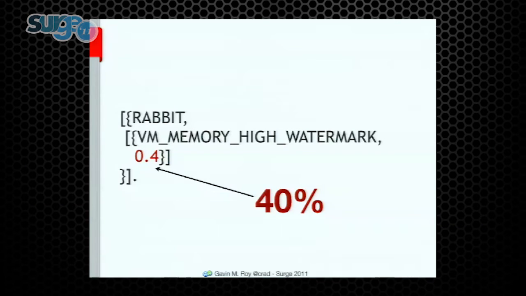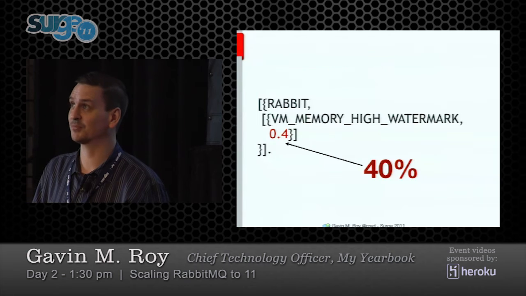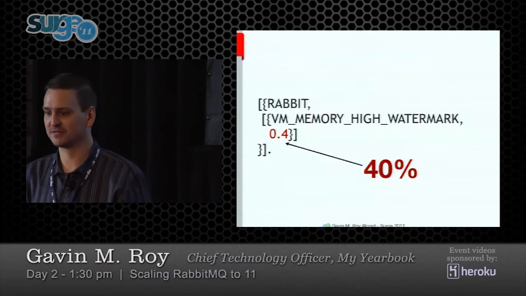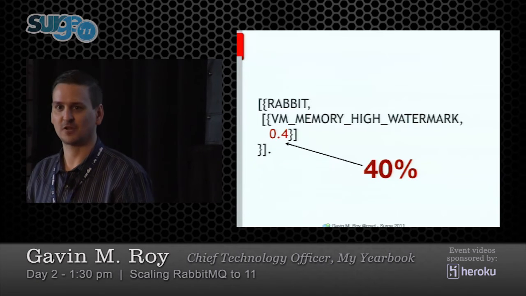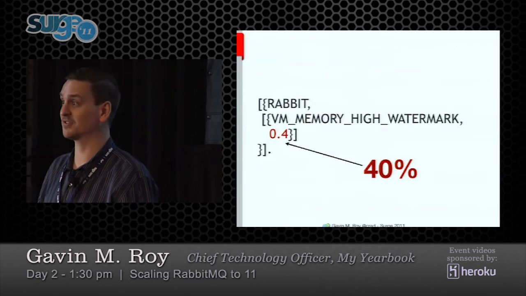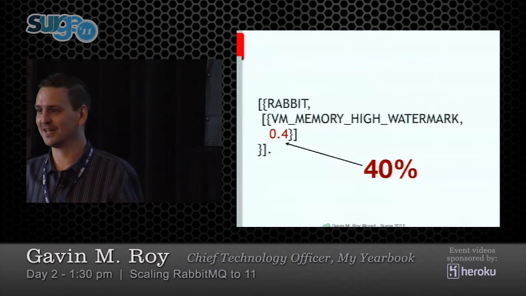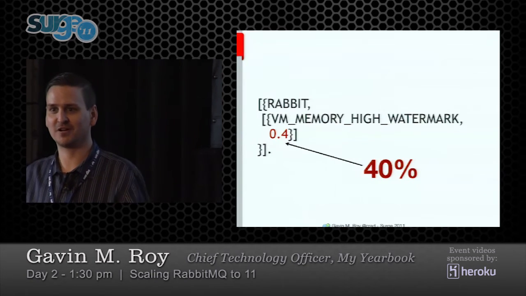This is a really ugly configuration format. If you're not an Erlang programmer, I should say, there are some concepts within Rabbit that don't make a lot of sense. Log files, for example. As a standard Unix guy, I like syslog. It has a consistent format. I know what to expect when I read a log file.